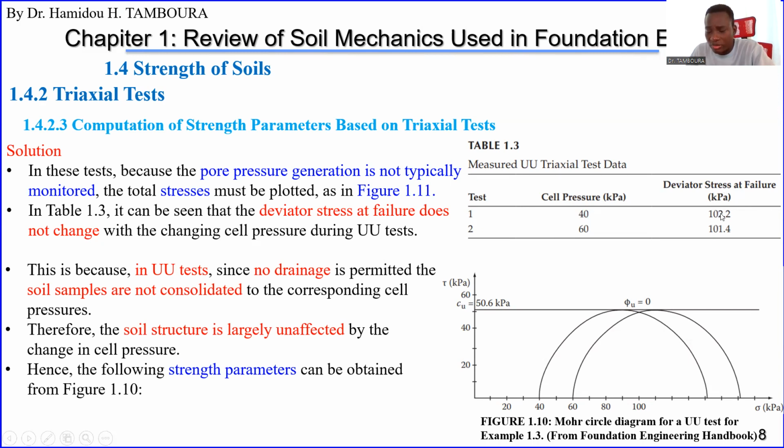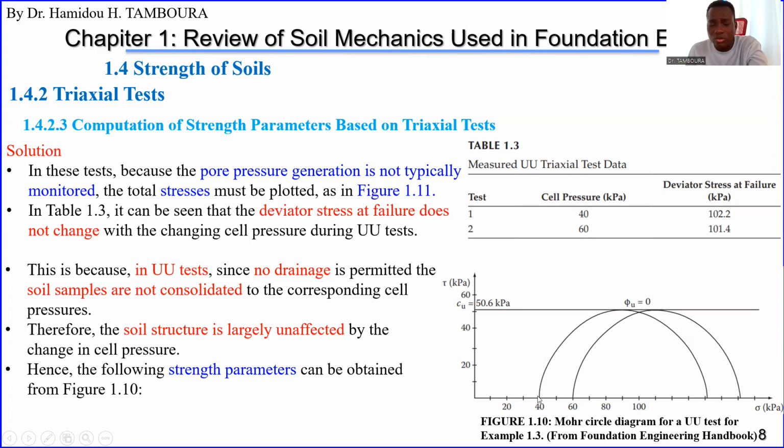I have explained this before. The major principal stress, sigma 1, minus the minor principal stress, which is sigma 3, gives you this deviator stress. And I also explained that sigma 3 is the cell pressure.